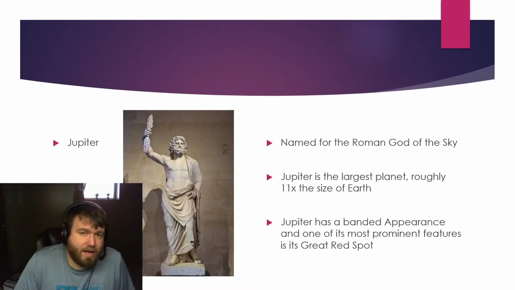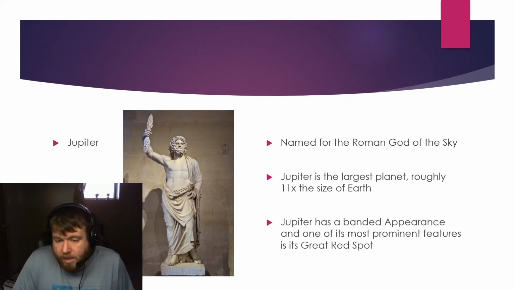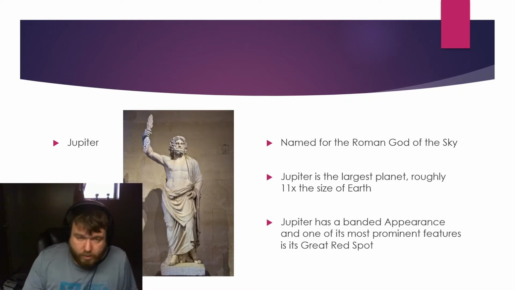Just fathom that for a minute. 11 Earths make up Jupiter. Jupiter has a banded appearance, and one of its most prominent features is its Great Red Spot. We'll talk more about the Great Red Spot in just a moment.